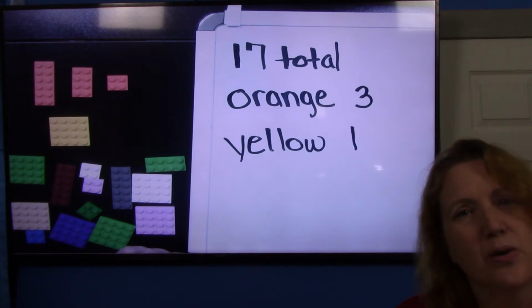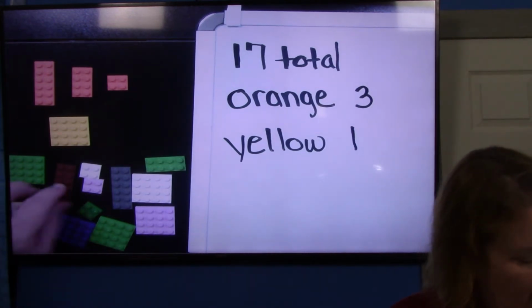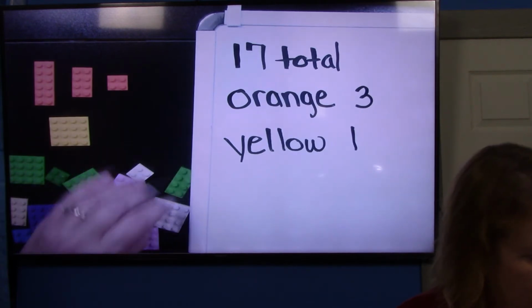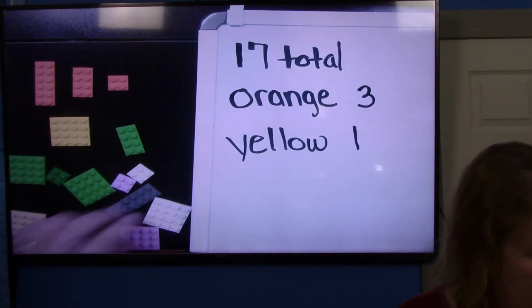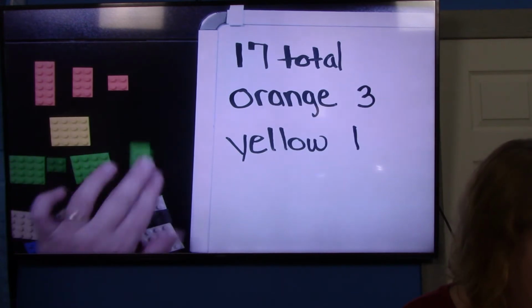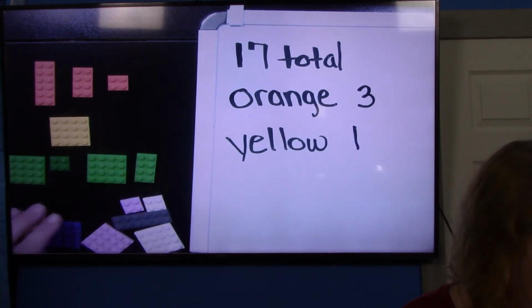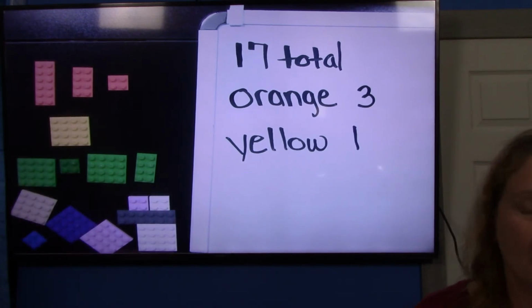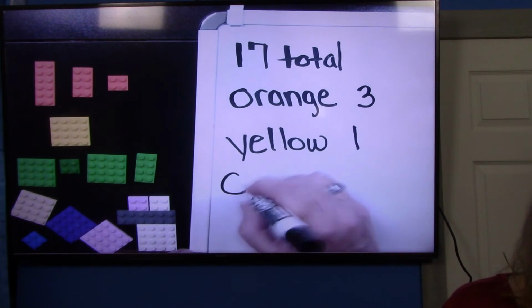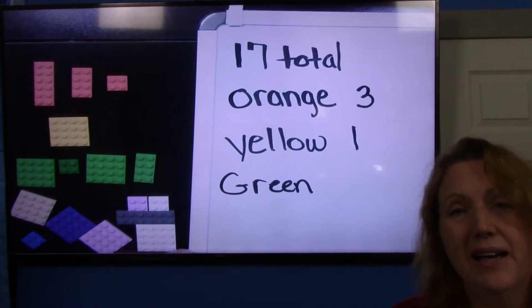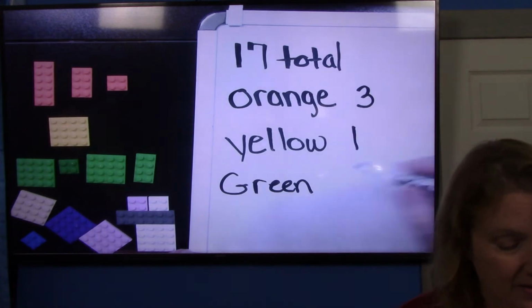Now let's try green. I'm going to have to move these other Legos out of my way. Okay, count the green Legos and tell me in the chat how many green Legos you see here. I count 4 green Legos.